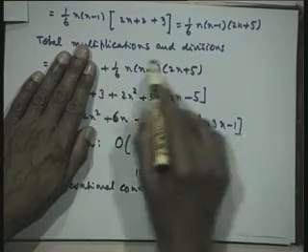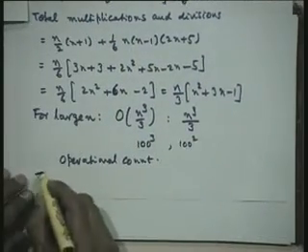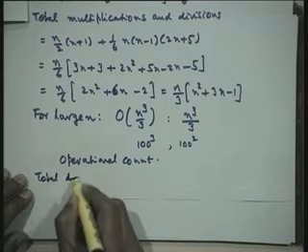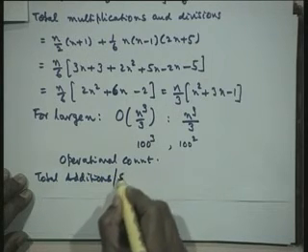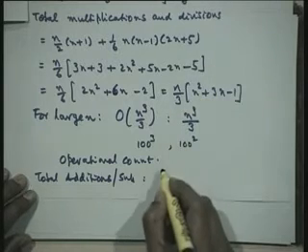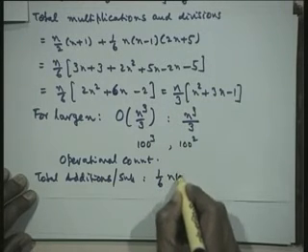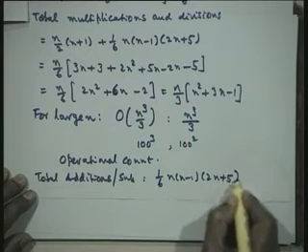Therefore, this part will be our total additions and subtractions in our operational count. Therefore, the total additions or subtractions will be 1 by 6 n into n minus 1 into 2n plus 5.